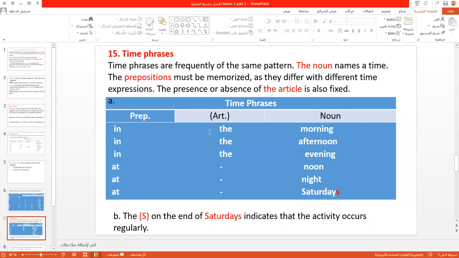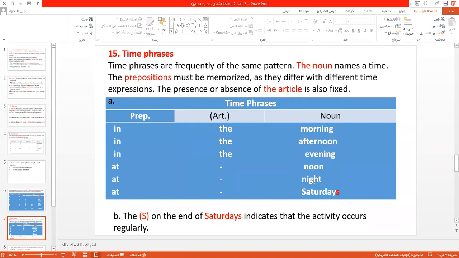Look, we say in the morning, in the morning. So morning must be preceded by in: in the morning, or in the afternoon, or in the evening. Only morning, afternoon, evening take the preposition in. While noon, we say at noon.